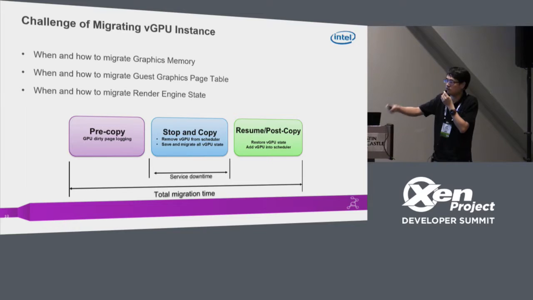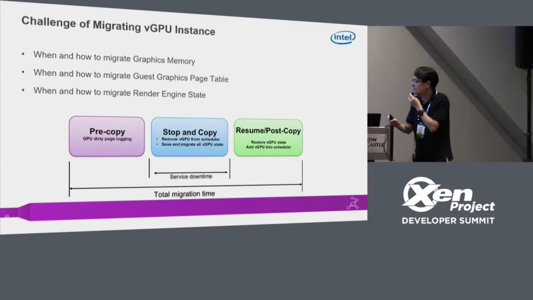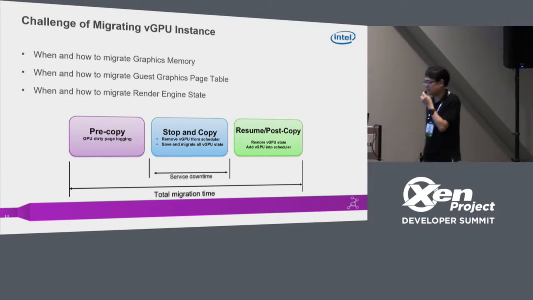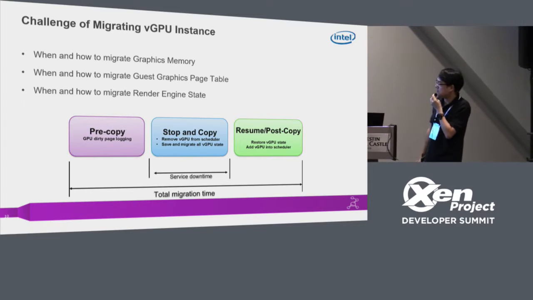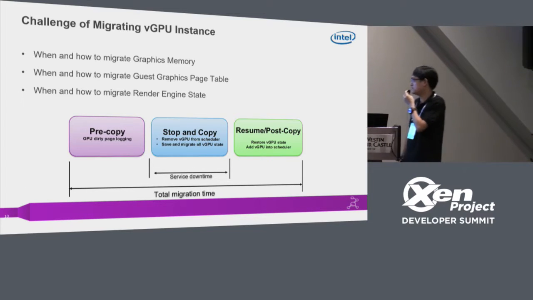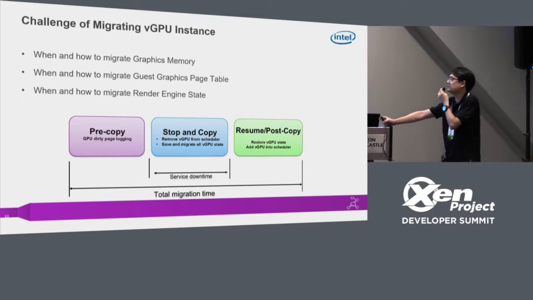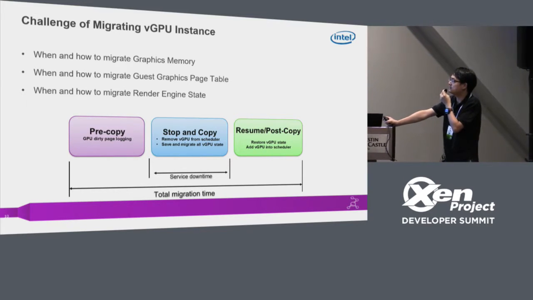And once we run several rounds, we will advance to the stop-and-copy stage. In this stage, the vCPU is already stopped, and we will remove the GPU scheduling for that specific VM, and then save the render engine status.